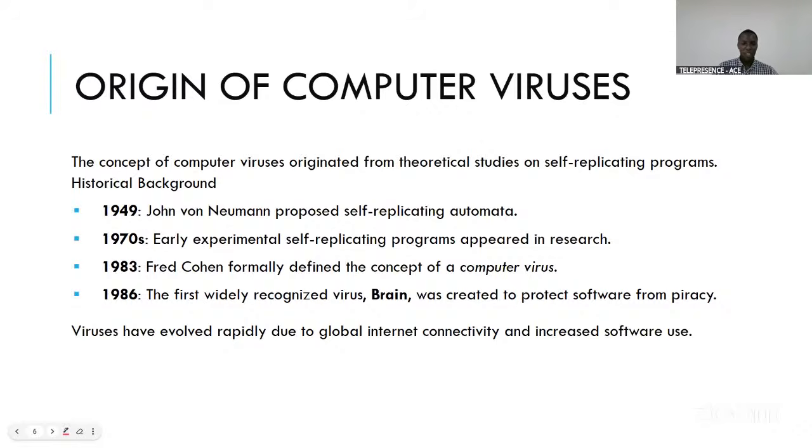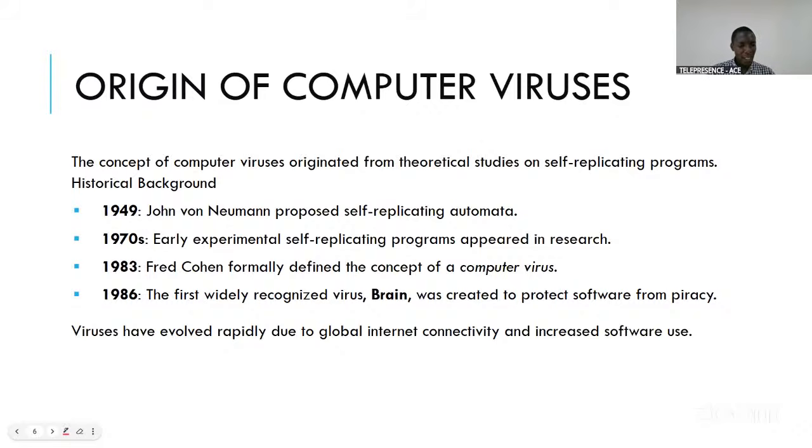So let's look at the origin. In the year 1949, John von Neumann proposed self-replicating automata. In the 1970s, that comes with the era of early experimental self-replicating programs that appeared in research.